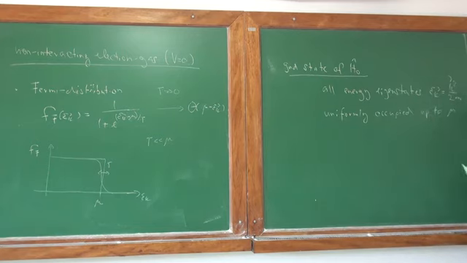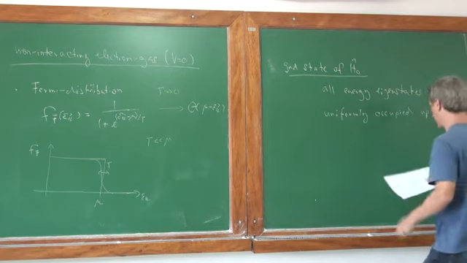And of course that's how the chemical potential also fixes the number of particles in the system.